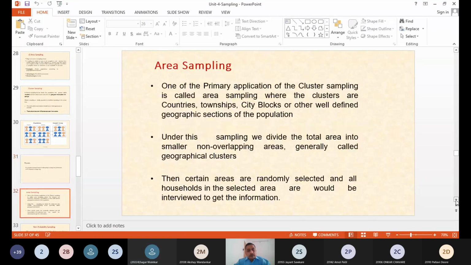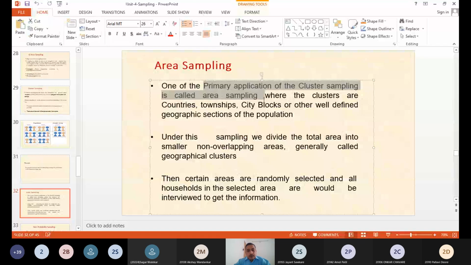We'll again come back to the area sampling which we discussed earlier. Area sampling is a primary application of cluster sampling. This cluster sampling is called area sampling where the clusters are countries, townships, city blocks, or other well-defined geographical sections of the population.